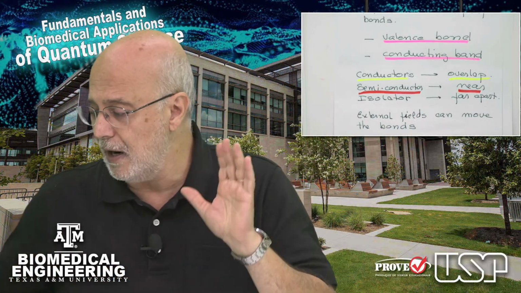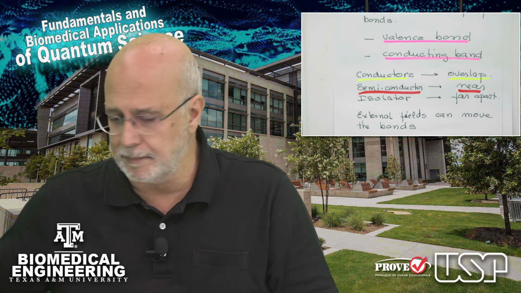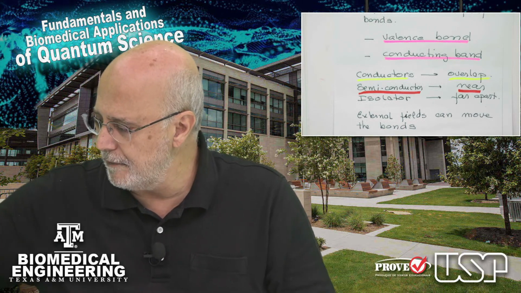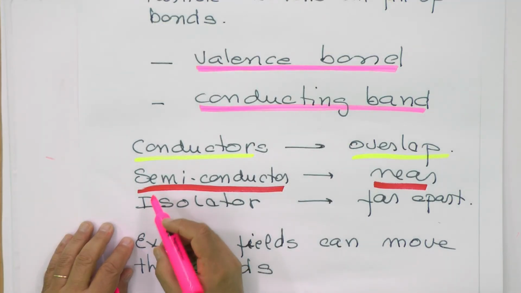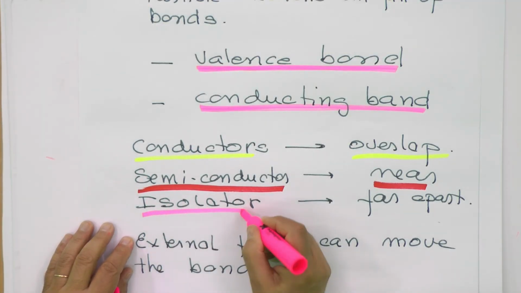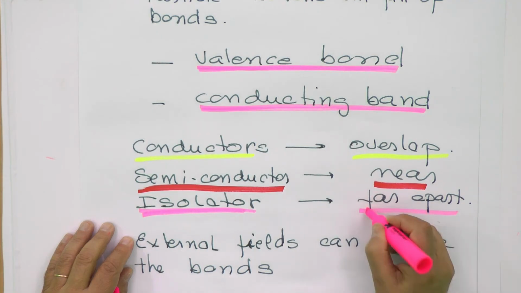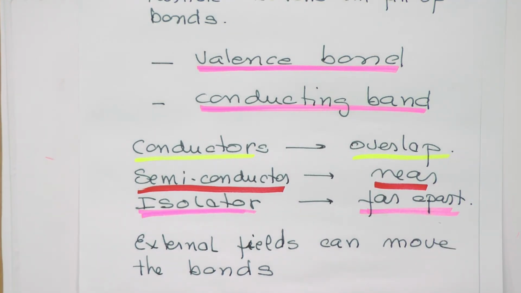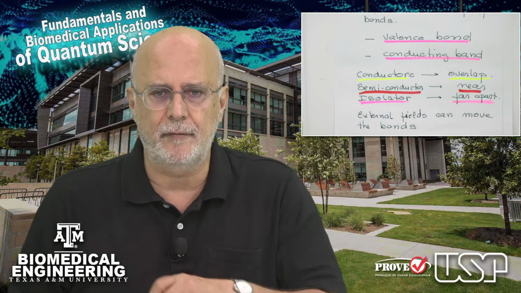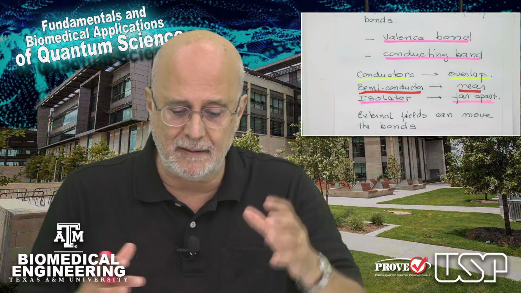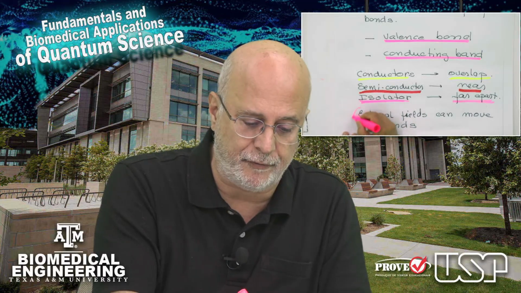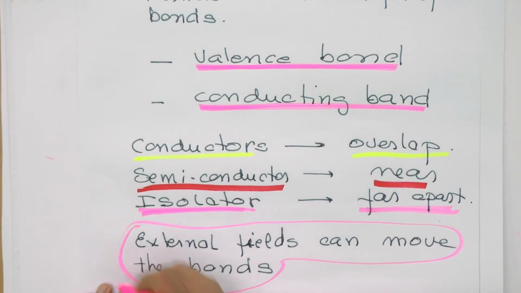And when it's very far, sometimes you have a conducting band very far apart from the valence band. I have an insulator. It does not conduct, except if you break it down, if you put a lot of field, a lot of energy, and those bands depend a lot on external fields, so I can manipulate those bands.